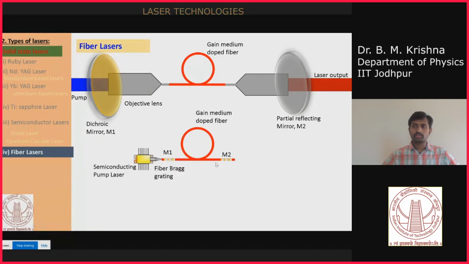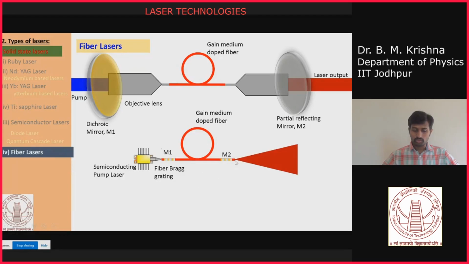The fiber has fiber Bragg gratings at its ends, so that these Bragg gratings act as reflectors for the spontaneous emission and stimulated emission. Similarly, M2 is like a fiber Bragg grating with a small percentage of transmission. That gives you the lasing.